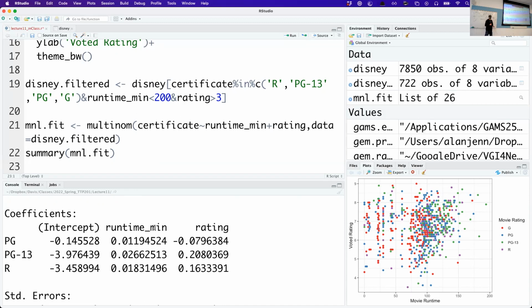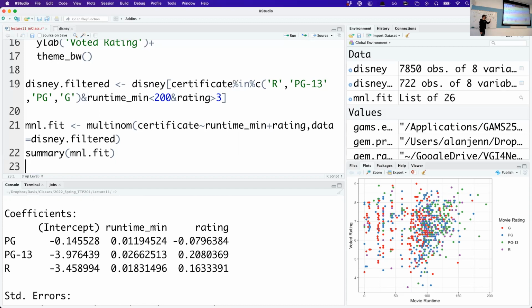And so this is analogous to what I was showing last time. Okay, with the Logit model, we were looking at those coefficients.